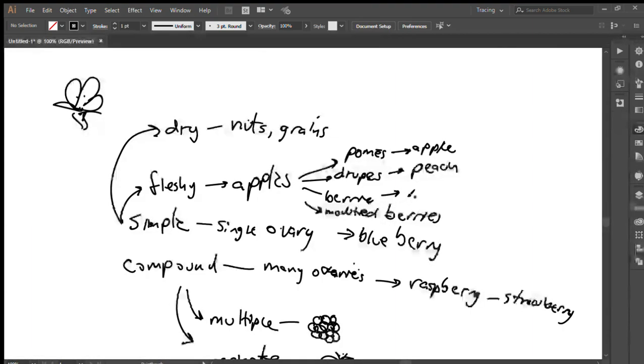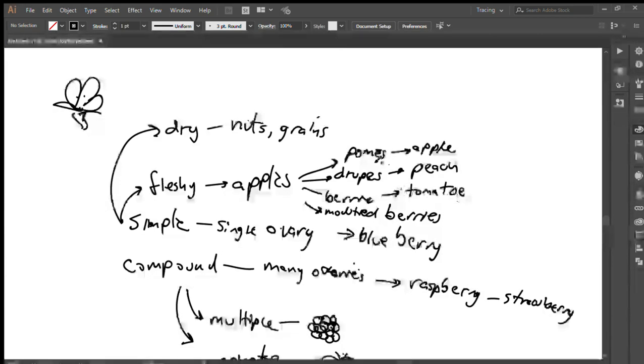All from the ovary, you can see you get multiple seeds inside. Example of a berry, kind of funny: blueberry is an example of a berry. Something you don't think of as a berry is a tomato. Tomato is a berry.